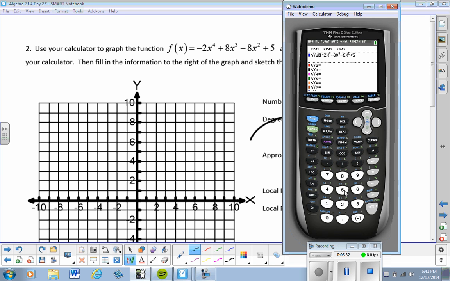So negative 2x to the fourth plus 8x cubed minus 8x squared plus 5.